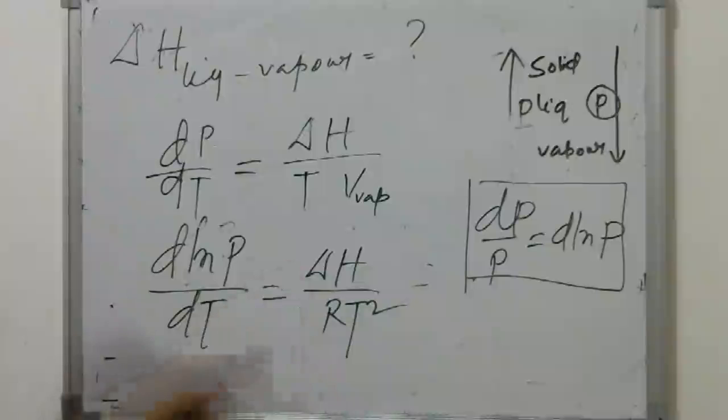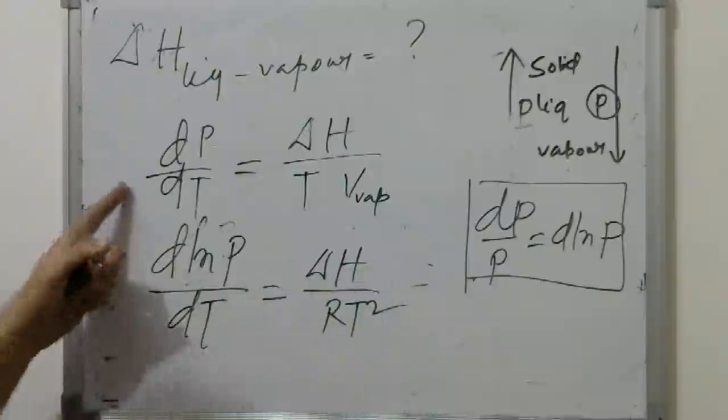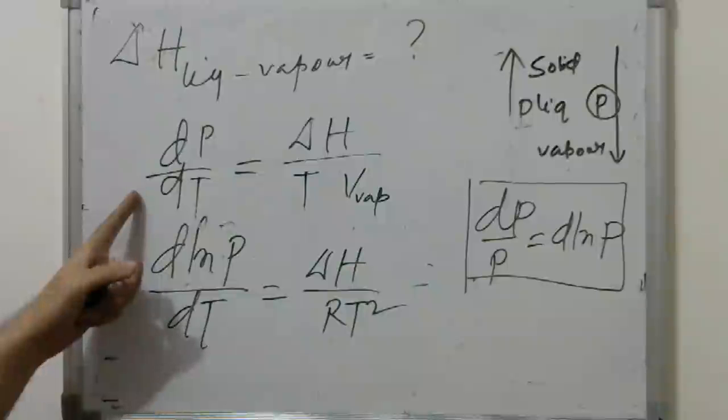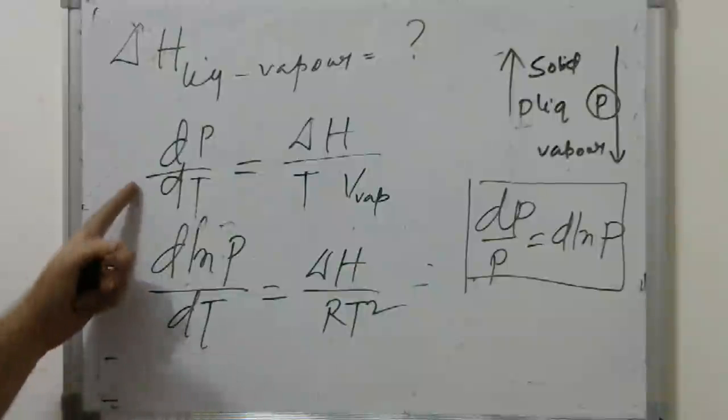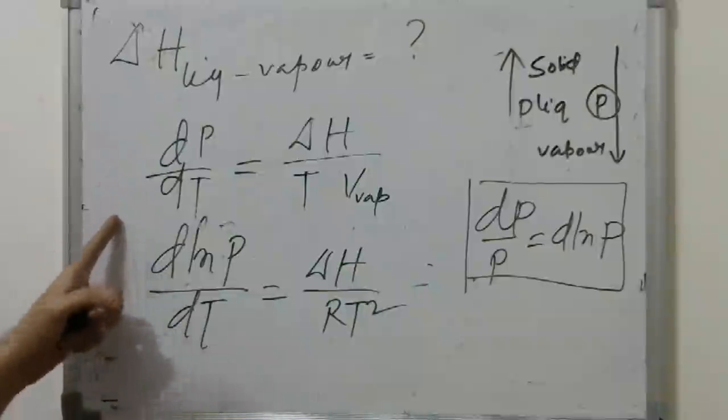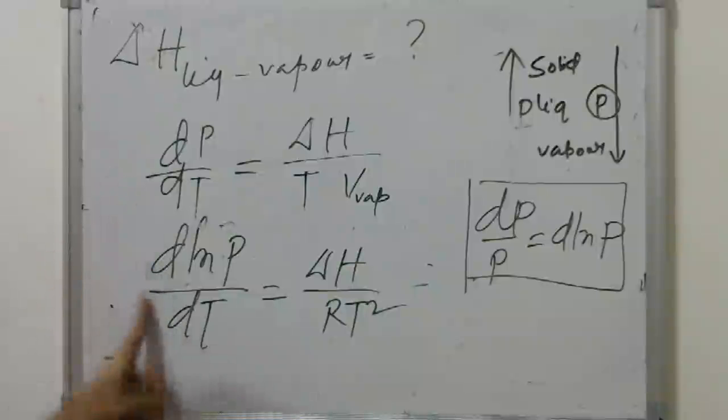If you need to calculate the enthalpy, your temperature is given. You have an expression of ln P as a function of temperature, so you have to differentiate that expression to find d ln P by dT and equate it with delta H by RT square.